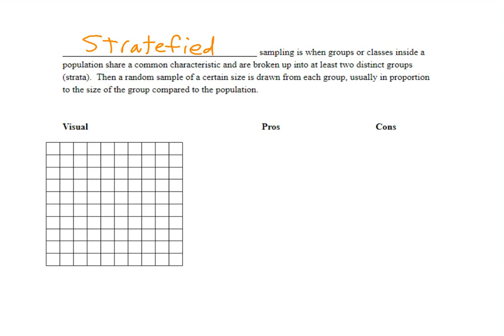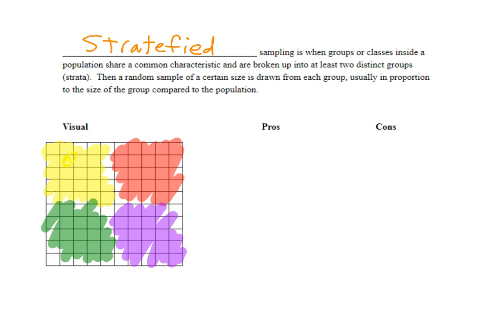So to give you a rough idea of what we're talking about here, think of breaking this into, let's say, 4 pieces based on maybe geographical area or something like that. So we break these up, and then within each of these, we randomly select, maybe that's hard to see.